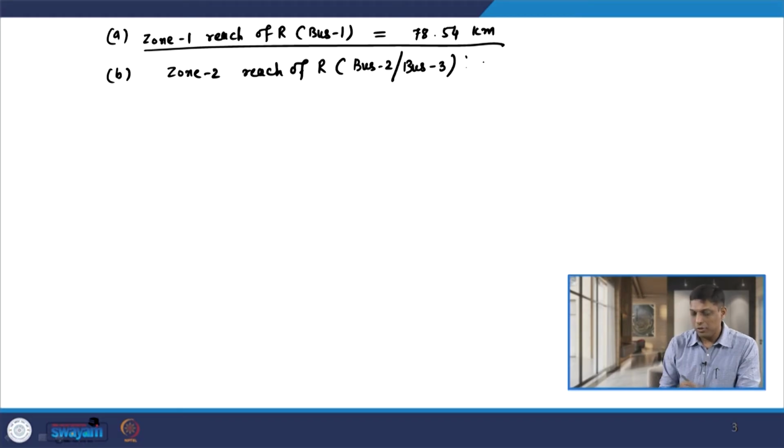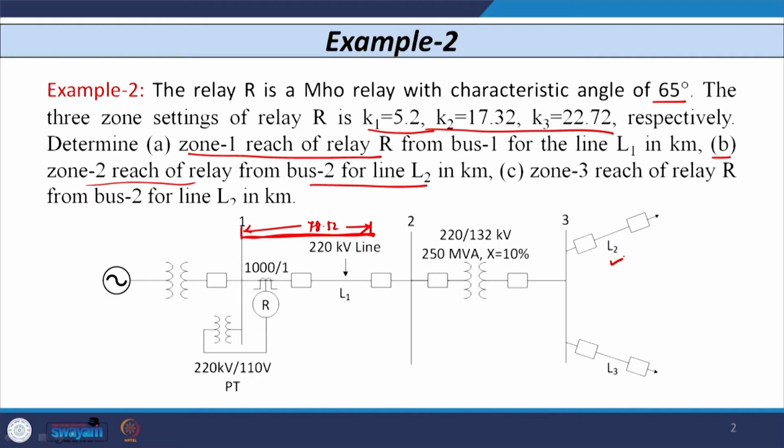If I consider the figure, the zone 2 of relay R covers the entire length of line L1 plus the reactance of this transformer. So let us find out the total impedance of line L1 plus the reactance of the transformer.